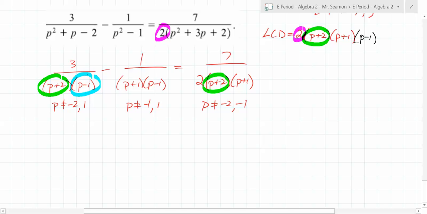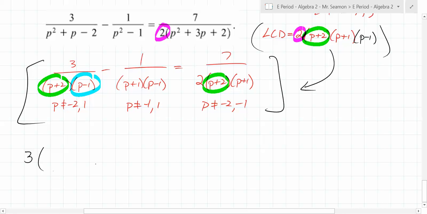So if we multiply this out, what do you end up with? We're going to take this and multiply it right here. Is it okay if I don't write the whole thing out again? What's going to cancel? You're going to be left with 3 times what? The P plus 2 cancels, and so does the P minus 1. So what are you left with? 2 times P plus 1, right? Minus 1 times, what cancels now?